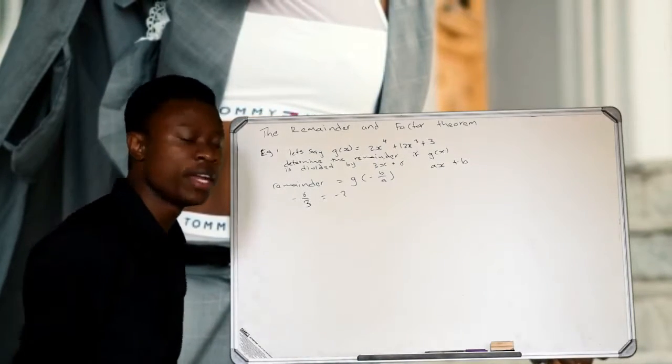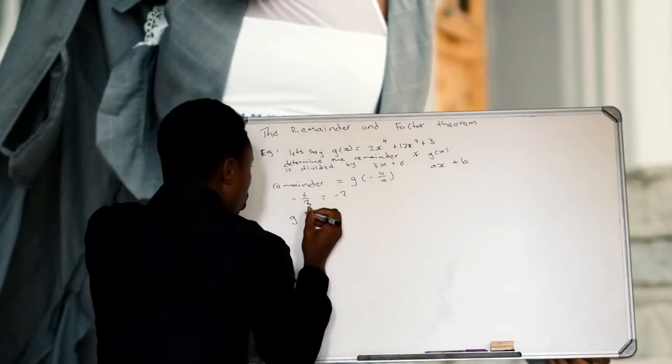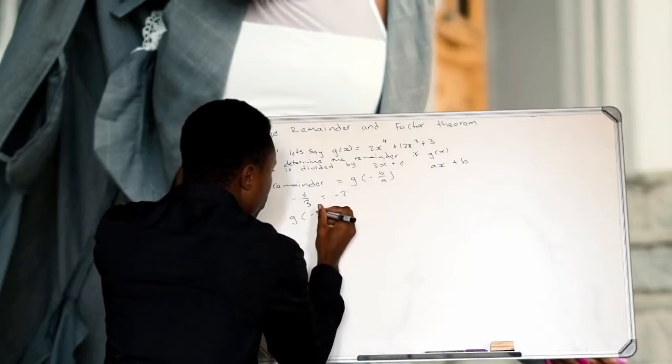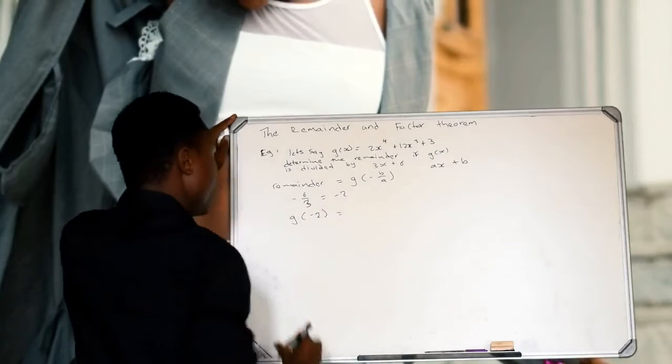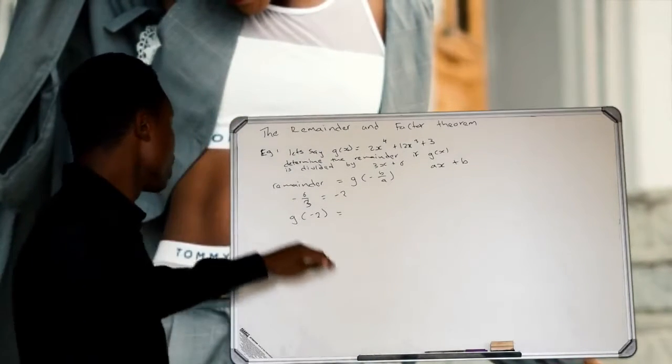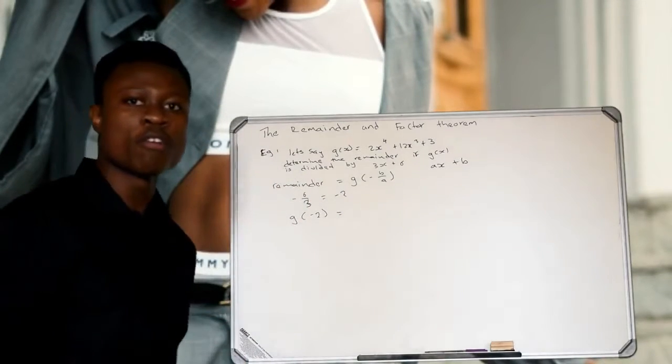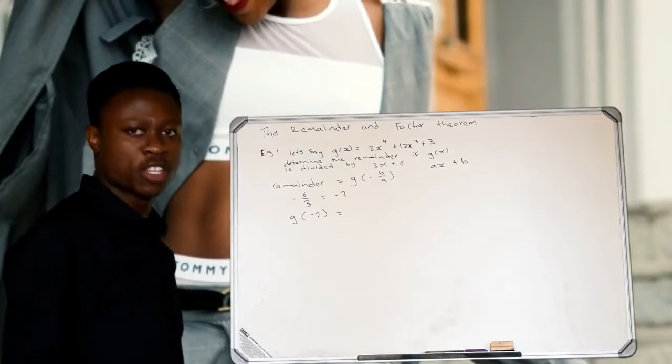So now to find the remainder, it will be g of negative 2. I just substitute negative 2 wherever I see an x, because g is a function of x.